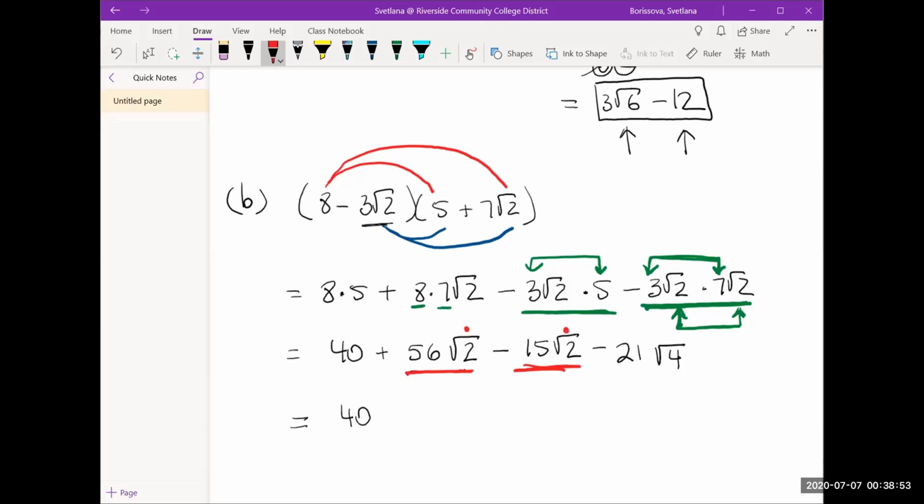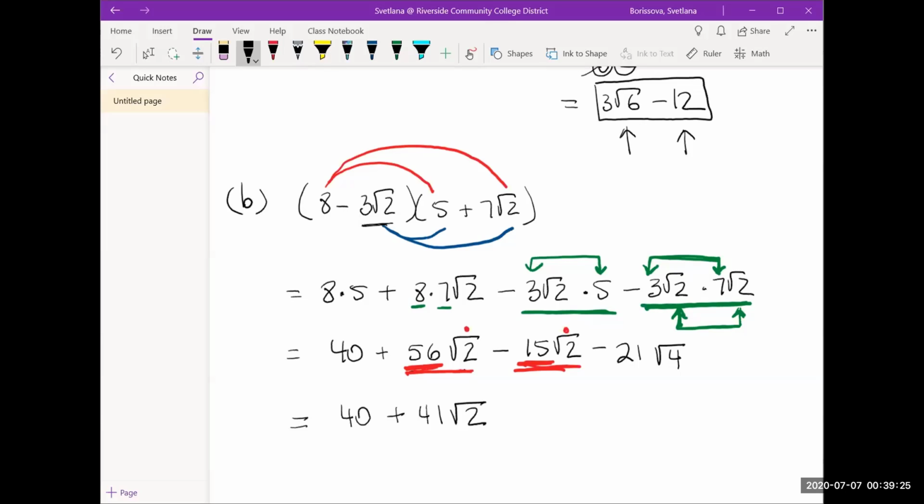And when we subtract them, we will only perform the operation on the numbers that are outside. So 56 minus 15, that's positive 41, right? And then I copy down square root of 2, because it's like 56x minus 15x. Well, 56x minus 15x, that's 41x. I'm just replacing square root of 2 with the letter x.